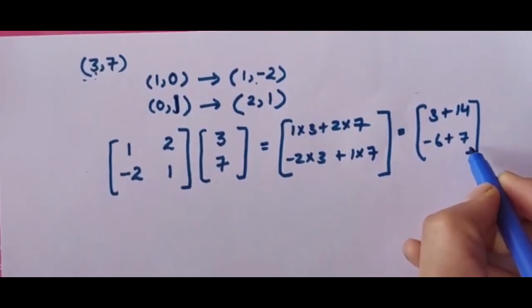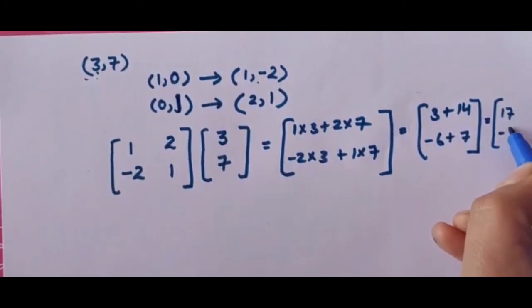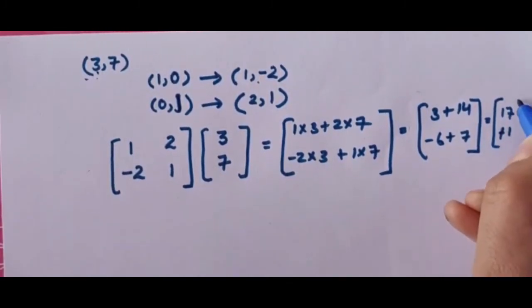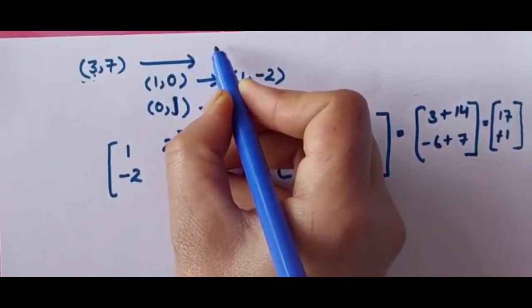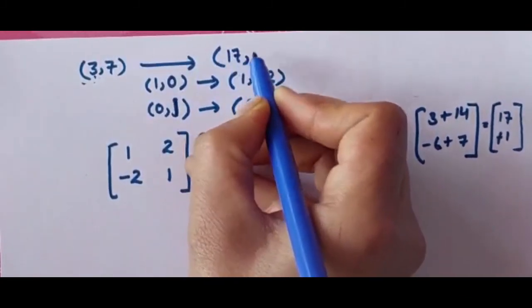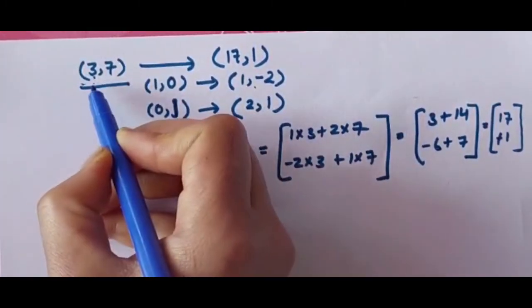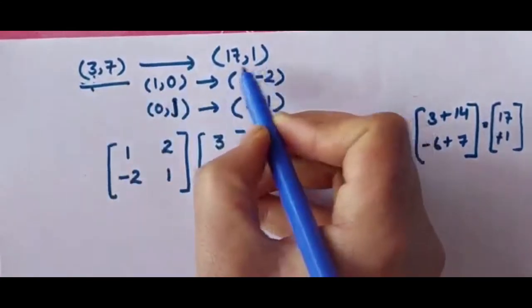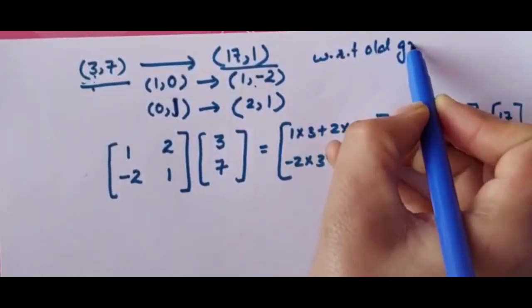Okay, so here you can see that this is 17 and, sorry, plus 1, 17 and plus 1. So the transformed position for this is actually 17 comma 1. Okay, so this is with respect to the old, and this is also with respect to the old grid.